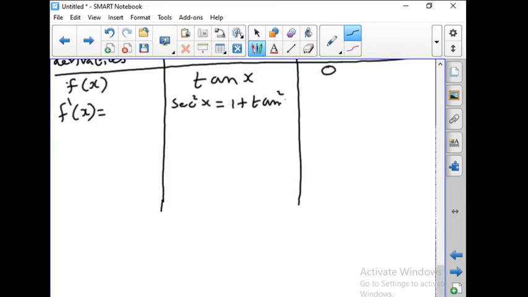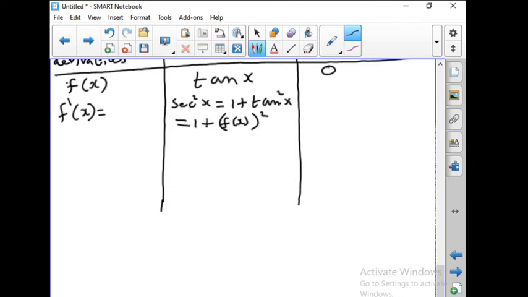In a book a different method is followed. You can follow that, but to make it simple and more understandable I am following this other method. So secant square x is 1 plus tan square x, which is equal to 1 plus f(x) the whole square.